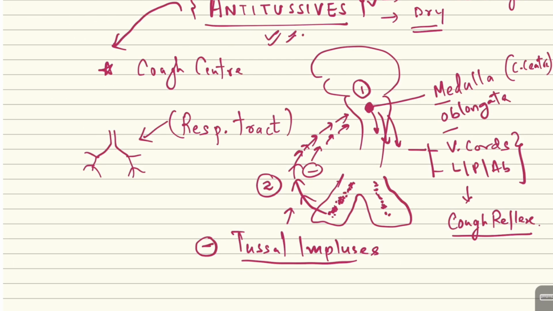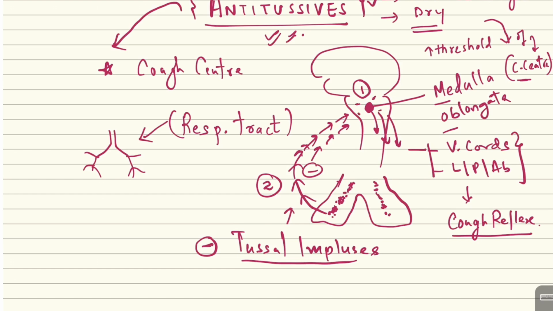So here it is inhibiting the tussle impulses, and these drugs also increase the threshold of the cough center. Normally there are receptors present in the cough center which sense the irritant stimuli.